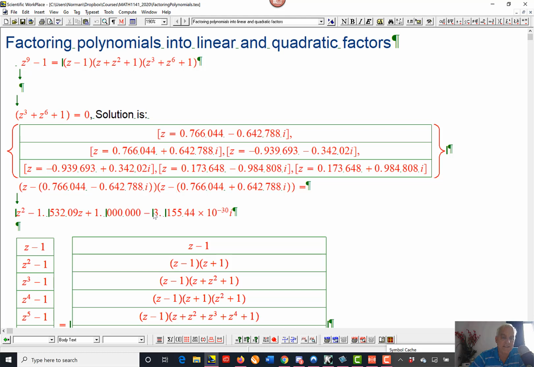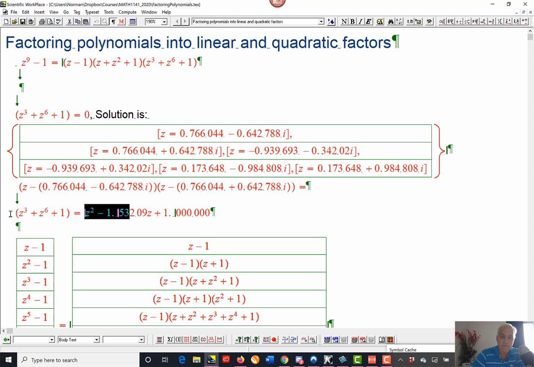So we're always going to get some kind of error. But you can see this is a very small error. It's 10 to the minus 30. So let's just get rid of it and have a look at this. So this is actually one of the quadratic factors that you get when you expand this out using that theorem that I just showed you.